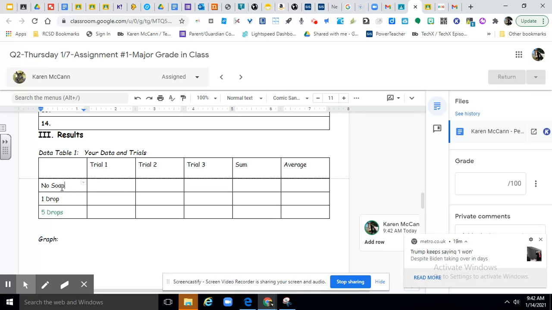Okay. So what you're going to do, you see how there's three groups. There is the no soap group, the 1-drop group, and the 5-drop group. One of those groups is your control group in this experiment.